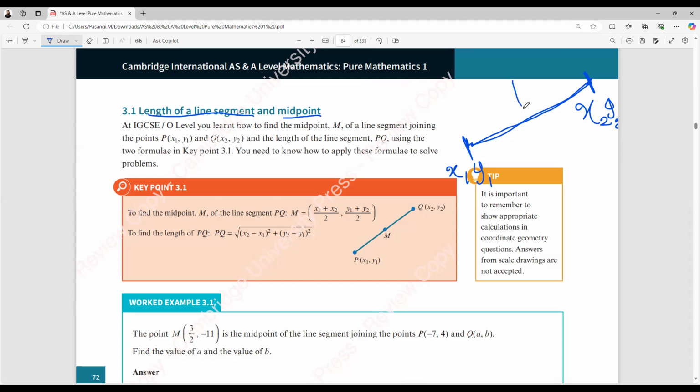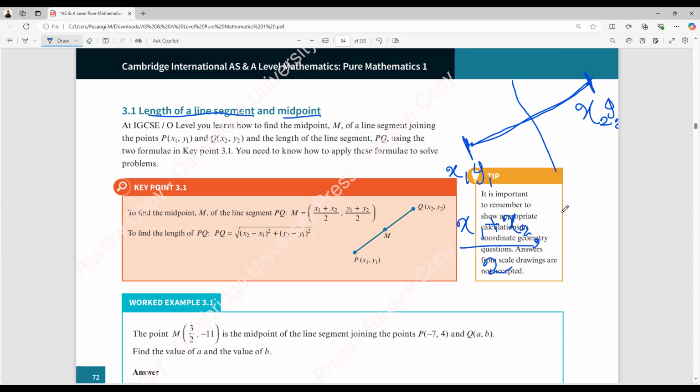The midpoint is the point which we have in the middle. To find out the midpoint, what we normally do is add the x coordinates together and divide it by 2 to find the x coordinate of the midpoint.